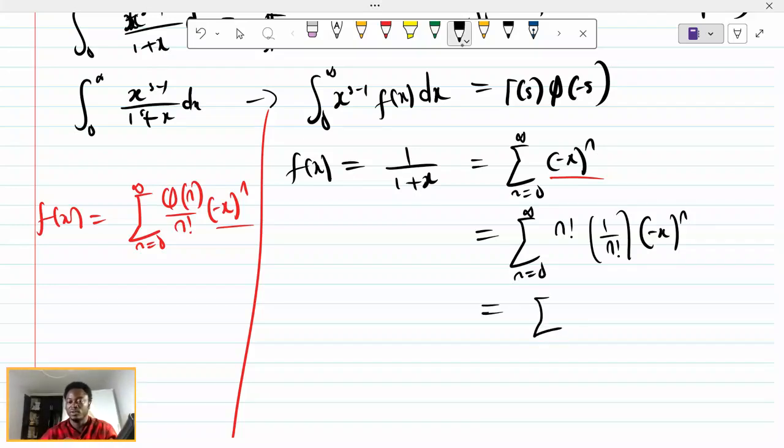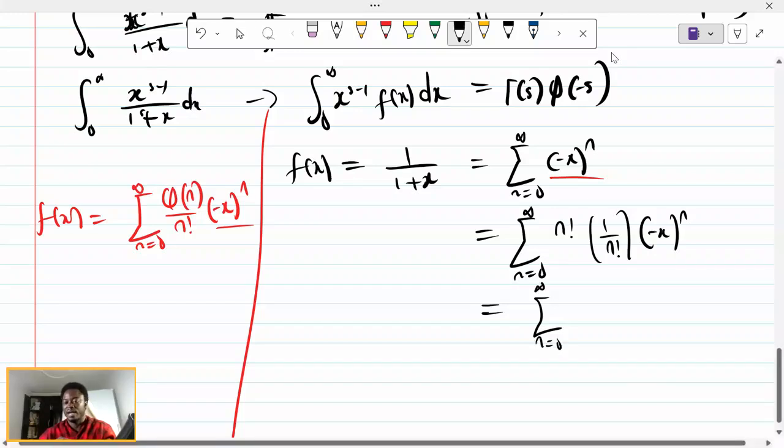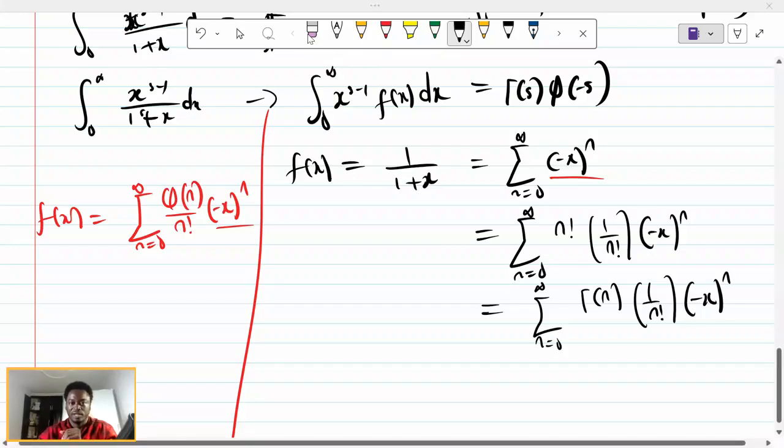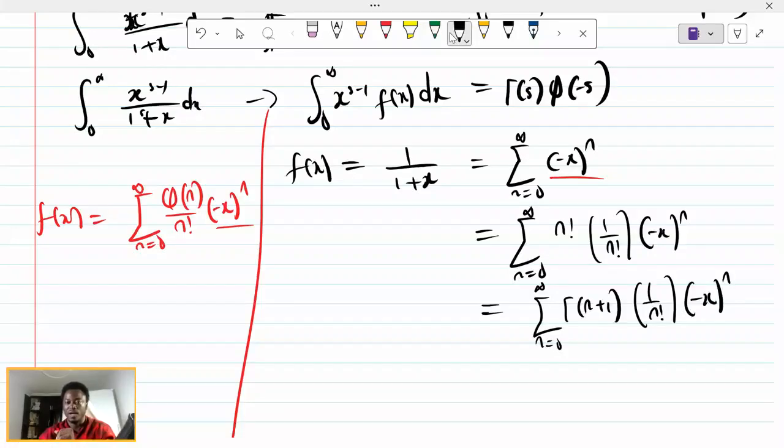So this is equal to the sum as n runs from 0 to infinity of gamma of n, then you have 1 over n factorial negative x to the n. Okay, no, this is not gamma of n, this is going to be gamma of n plus 1, because we all know gamma of n is n minus 1 factorial. So we need a gamma of n plus 1 here.